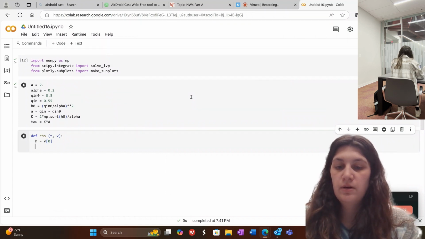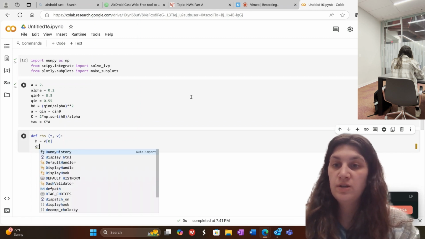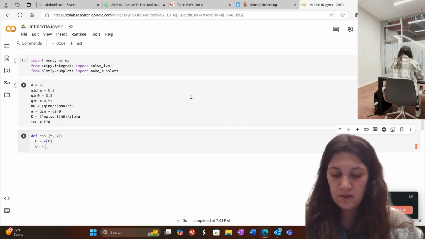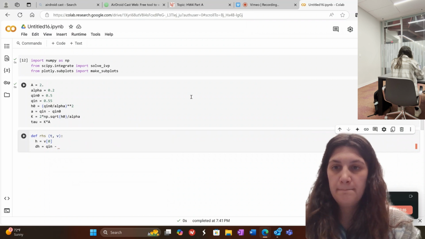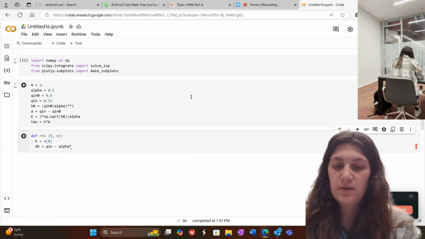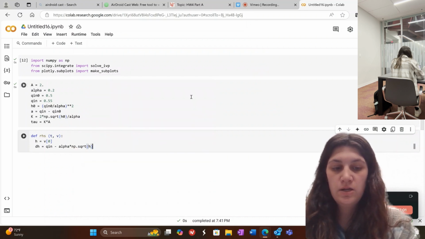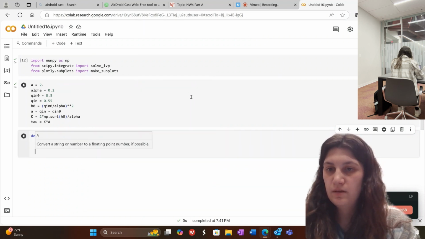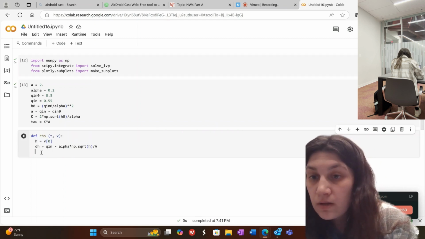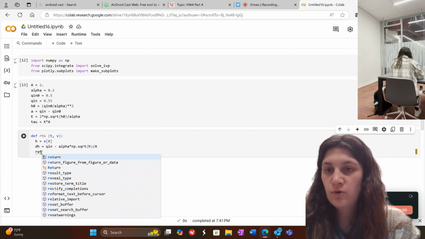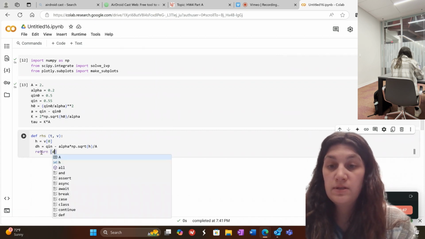And our differential equation, dH dt, is Q in minus alpha times np.sqrt of H, divided by A. Great. And then we just want to return our dH value.